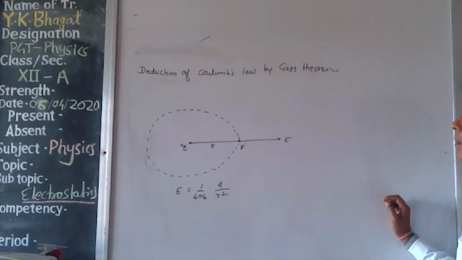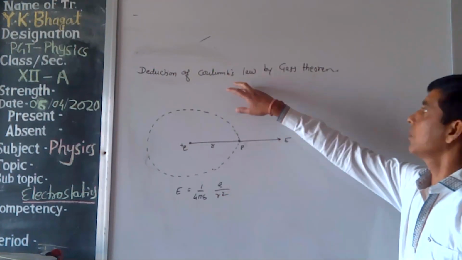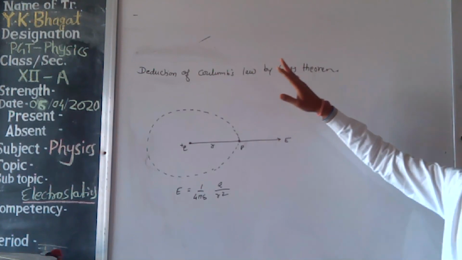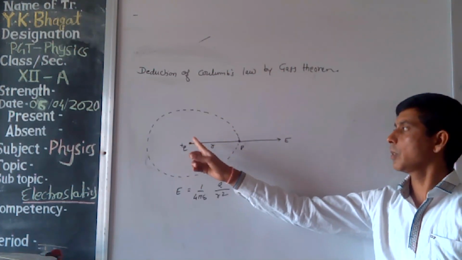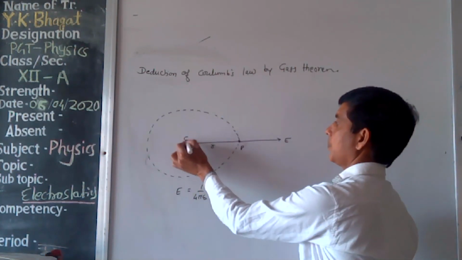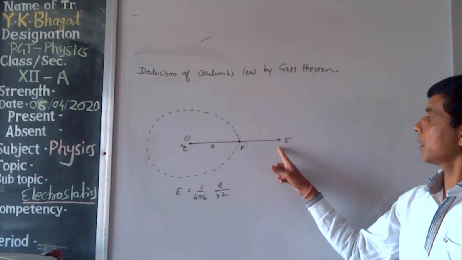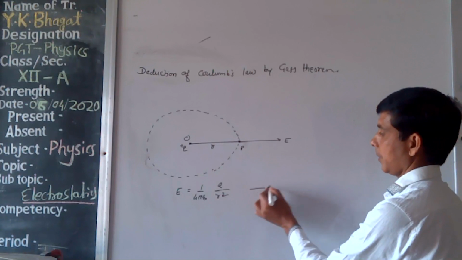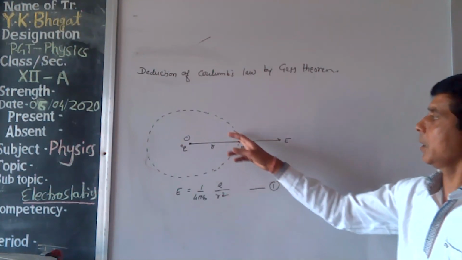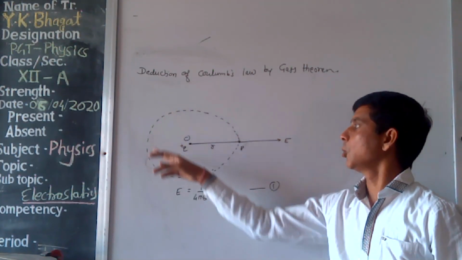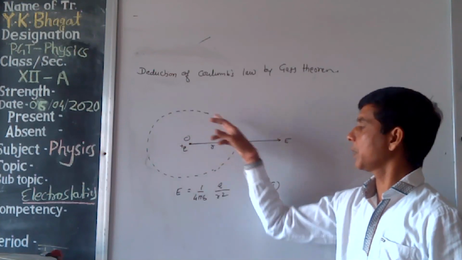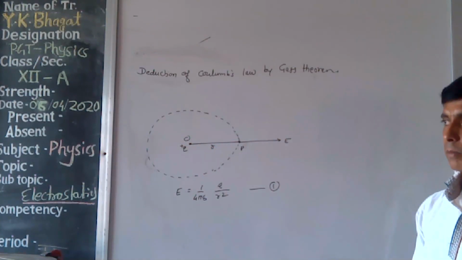This is a very simple deduction of Coulomb's law from Gauss theorem. Firstly, we consider plus q charge placed at point O, and the intensity at point P at distance r is given by this equation number 1. And we consider an imaginary sphere of radius r. Why?